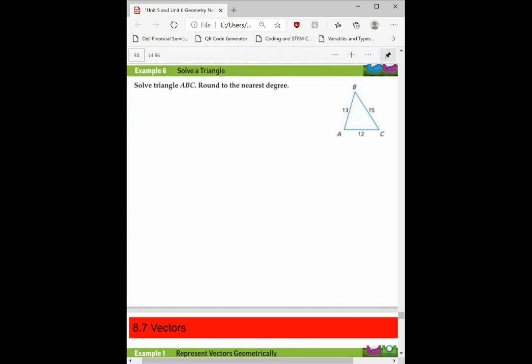Since the measures of all three sides are given, by SSS, we need to use the law of cosines to find the measure of A. So a squared is equal to b squared plus c squared minus 2bc cosine A. Now let's plug everything in. 15 squared equals 12 squared plus 13 squared minus 2 times 12 times 13 cosine A.